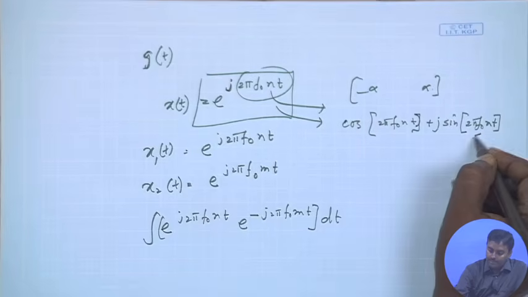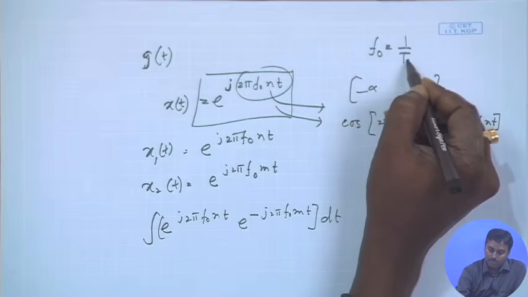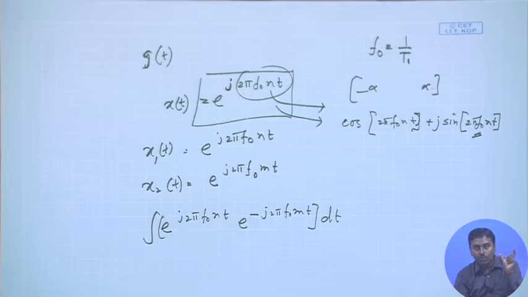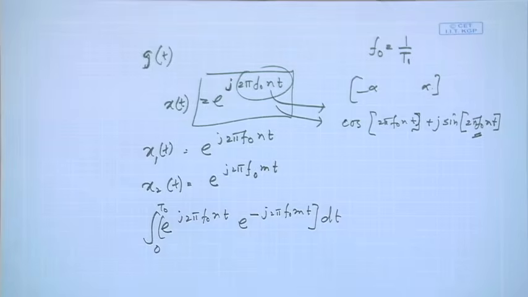Again the fundamental frequency is f0, which is equal to 1 by T0. So, the integration needs to be done just over the fundamental time period, because if we prove it in one period, it just gets repeated. So, we integrate from 0 to T0.